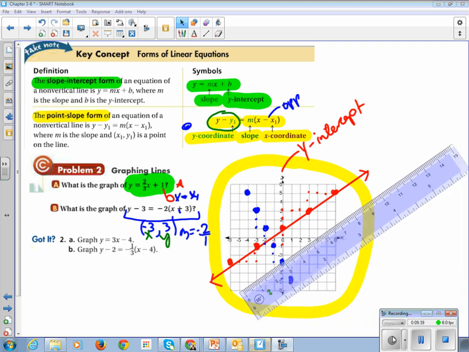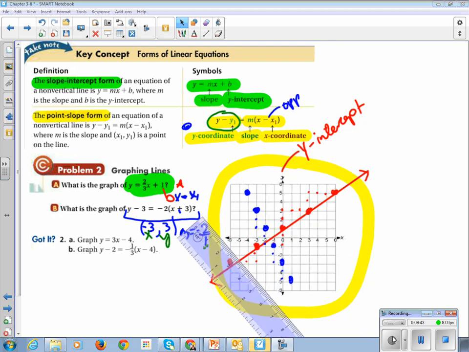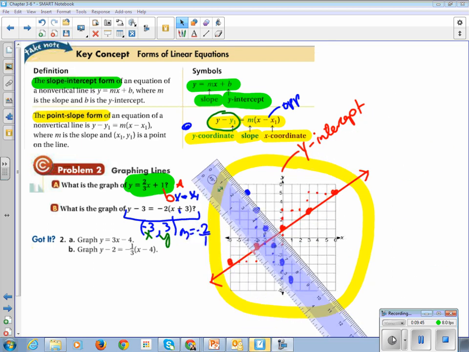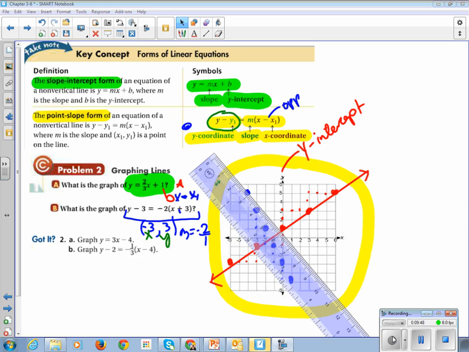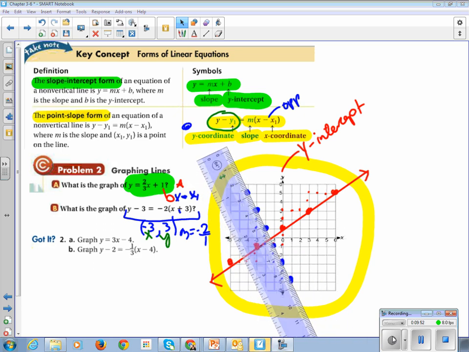All right, so let's draw a straight line. And that would be blue. Awesome.